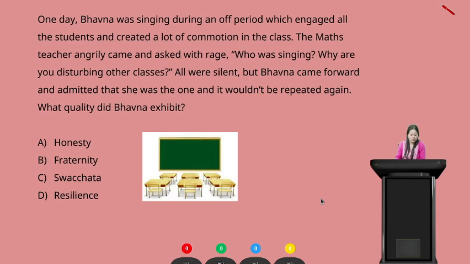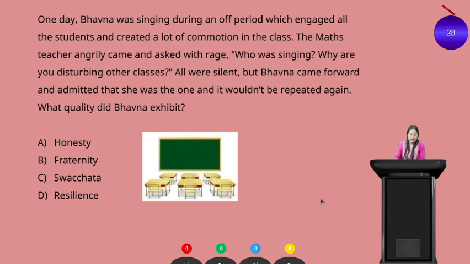Why are you disturbing other classes?" All were silent, but Bhavna came forward and admitted that she was the one and it wouldn't be repeated again. What quality did Bhavna exhibit? Okay, I'm giving you 30 seconds to respond to this question. Your time starts now.